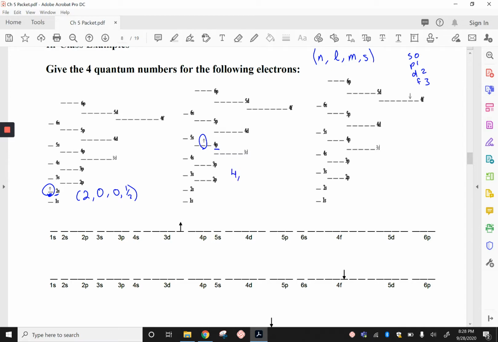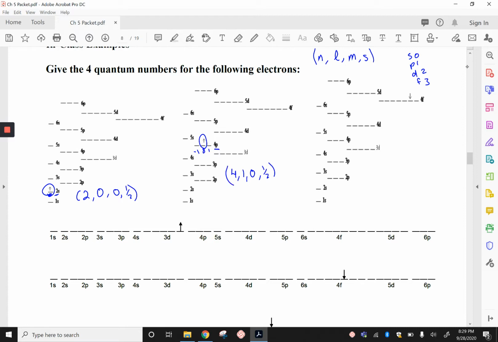Next, the sublevel is p. What does p correspond to? A 1. Next is the orbital. We number them like a number line, 0, 1, -1. So that one's on the 0. And finally the spin, it's looking up, so that's +1/2.